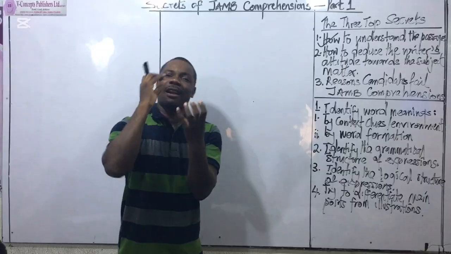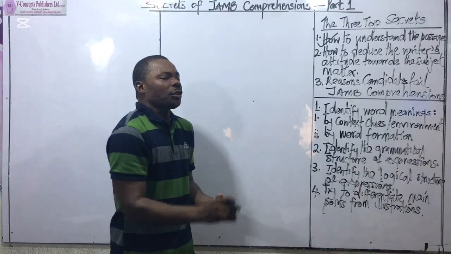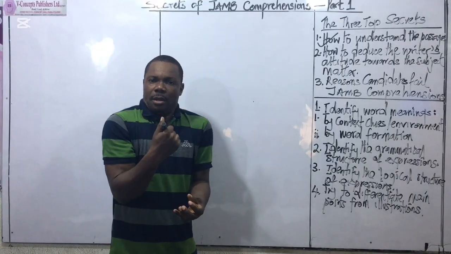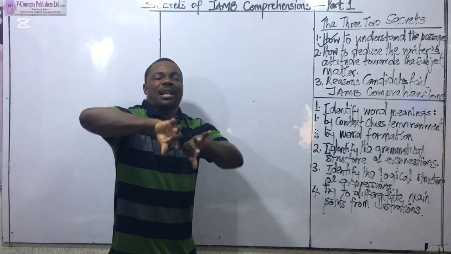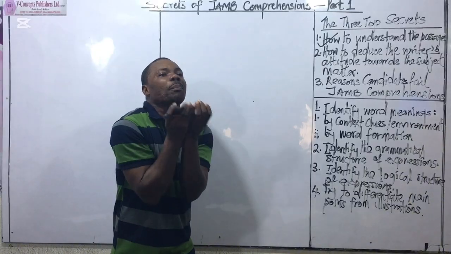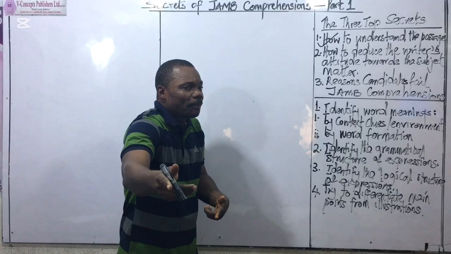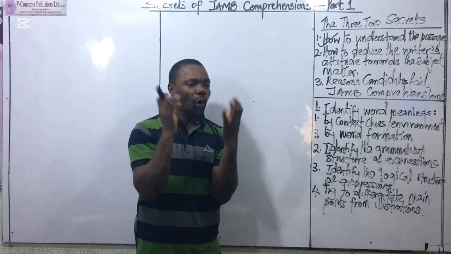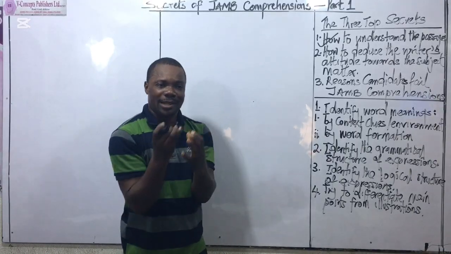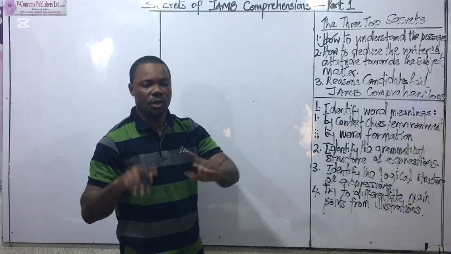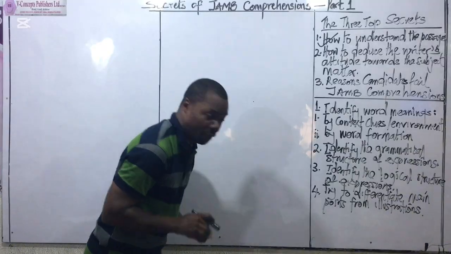When you're talking about logical structure, we're not talking about the meanings of those words that have been semantically arranged. What meanings are they now conveying indirectly? So here you're going to need connotative understanding of expressions. We shall demonstrate that as well in this video.